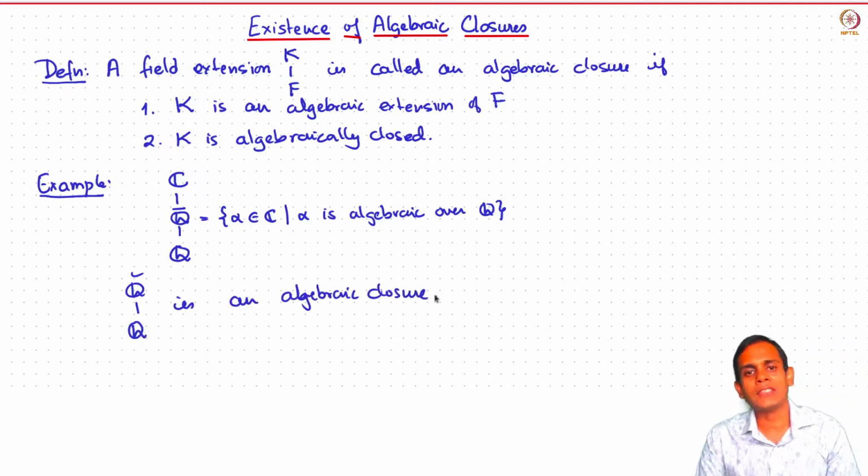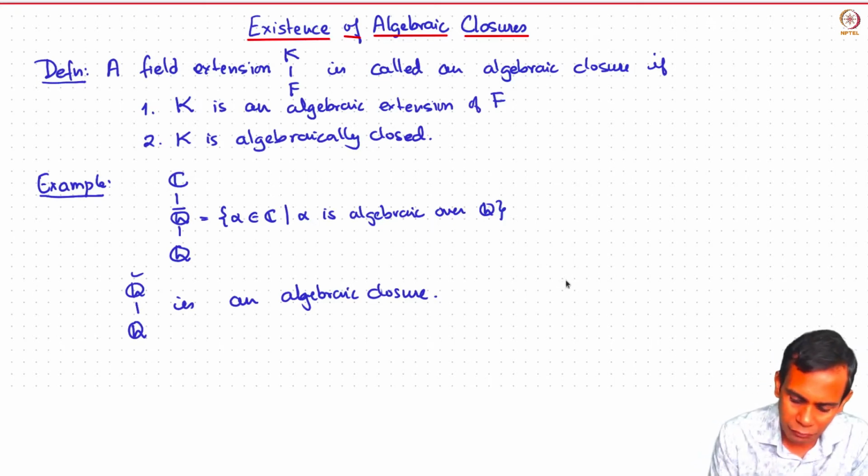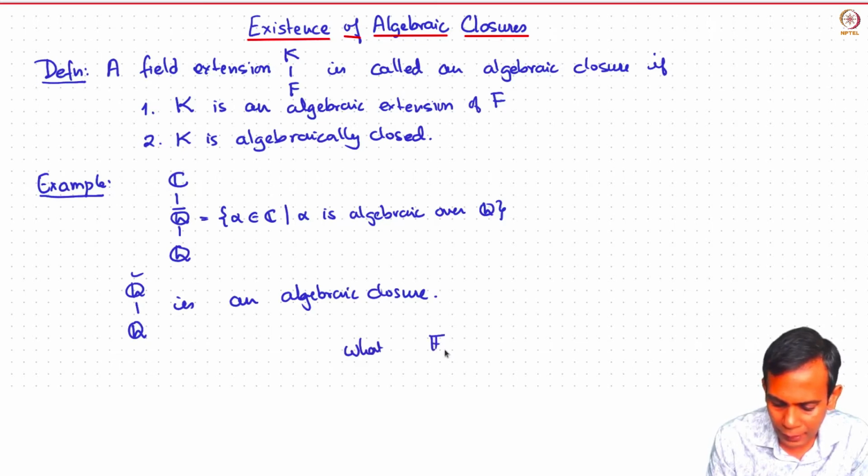In the case of the rational numbers, we were lucky to have this field of complex numbers to work with. But what about fields like a finite field F_q with q elements?